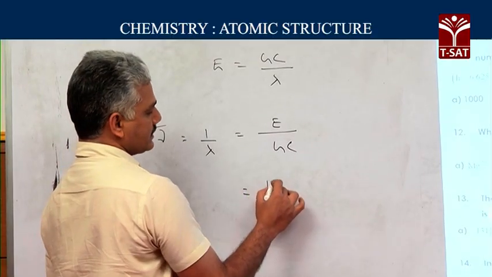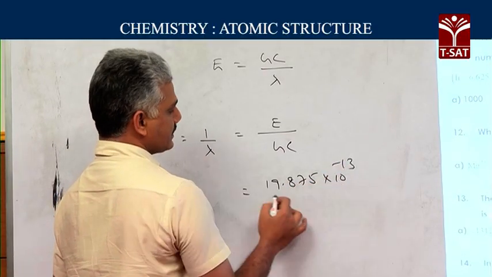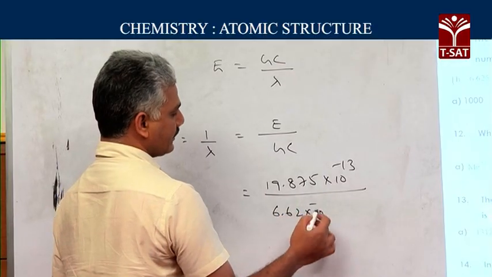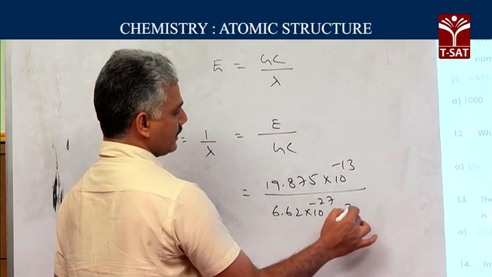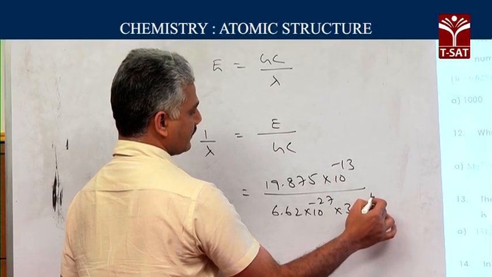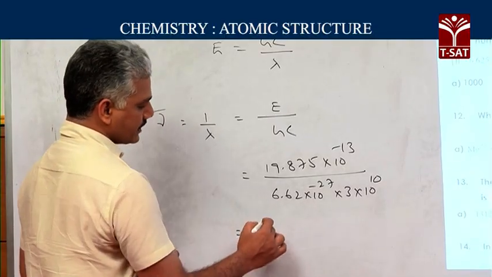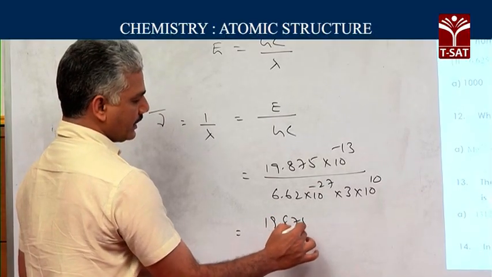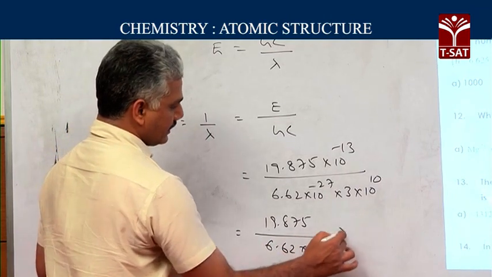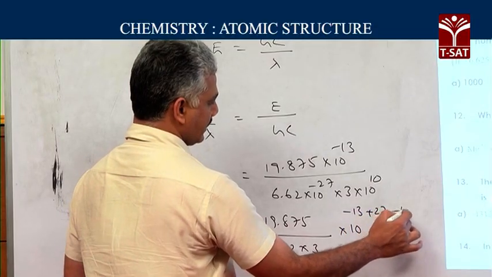E is given as 19.875 into 10 power minus 13, h value 6.62 into 10 power minus 27, velocity of light is taken as 3 into 10 power 10 centimeters per second. So, this comes out to 19.875 by 6.62 into 3 into 10 power minus 13 plus 27 minus 10.